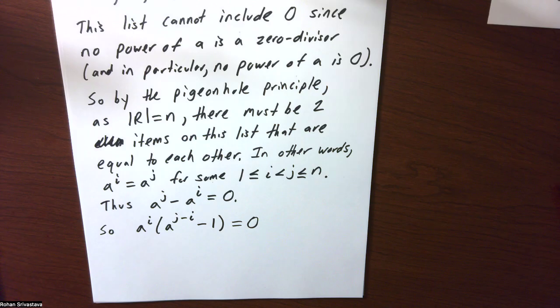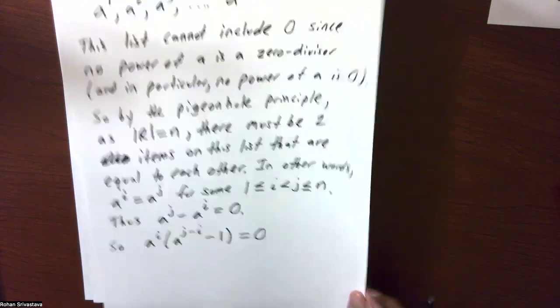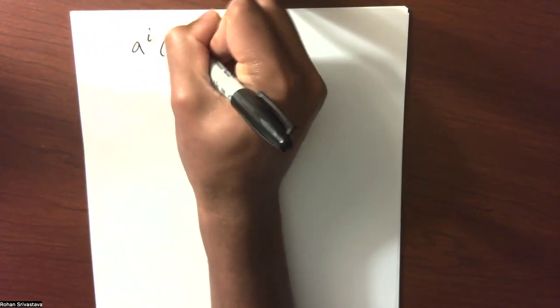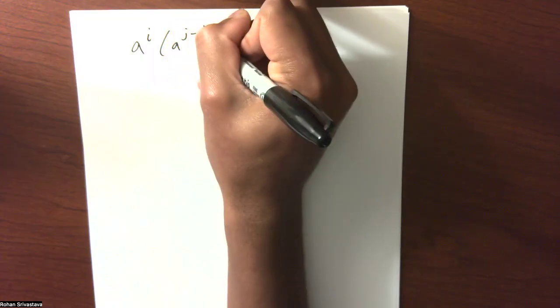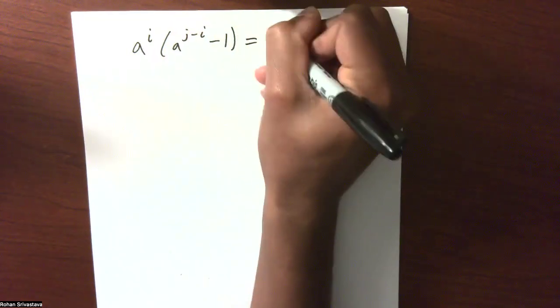Okay, so let's move to the next page. I'll rewrite that line. Again, we have A to the i times (A to the j minus i minus 1) equals 0.